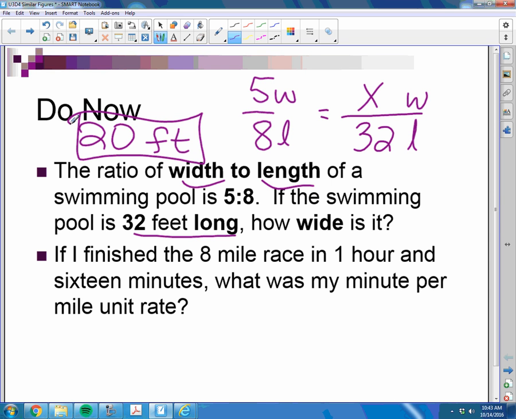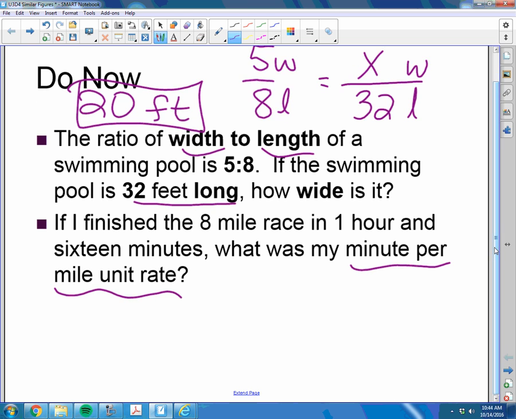Now, this one says, if I finish the 8-mile race in 1 hour and 16 minutes, what was my minute per mile unit rate? Now, that right off the bat, guys, should give you an indication as to what your proportion is. Remember, every proportion looks like this.